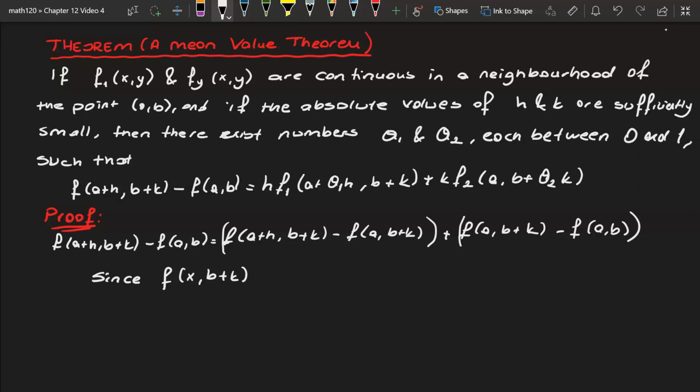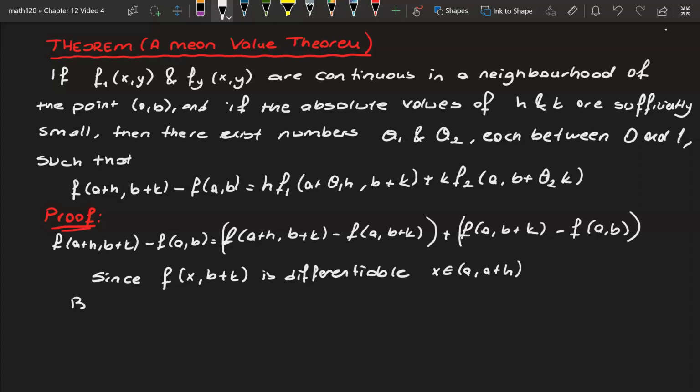If you fix the y component, you get a function depending on x, and the derivative of f with respect to x exists by the assumption, and it is continuous, in the neighborhood of (a, b), for x between a and a plus h.